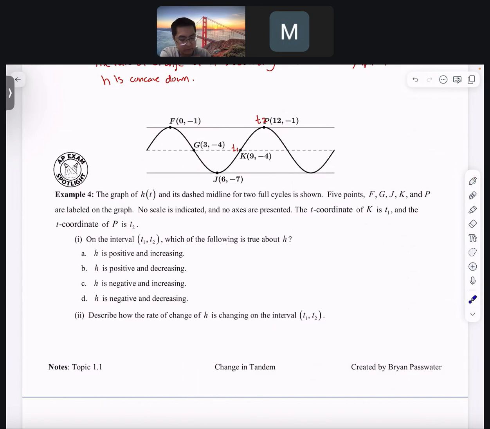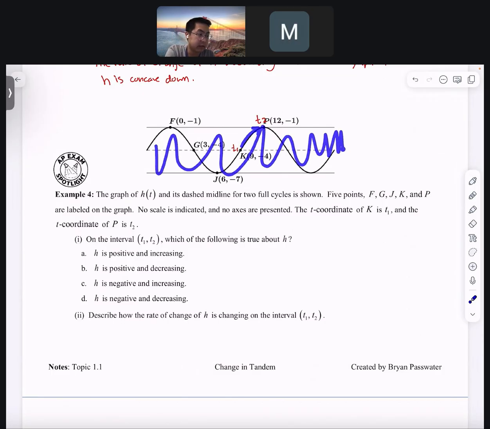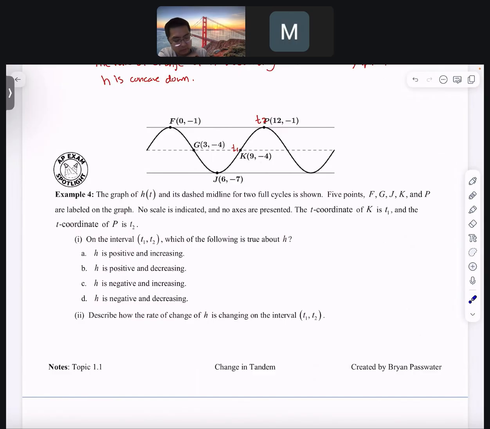If we take a look, from t1 to t2, it's going up, so h is increasing. Now this is where you've got to be careful. Look at all the y-coordinates. Do you notice the y-coordinates are all negative?